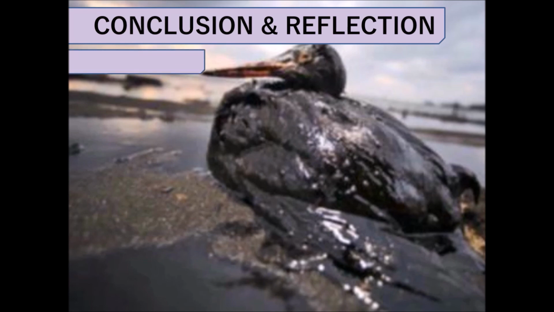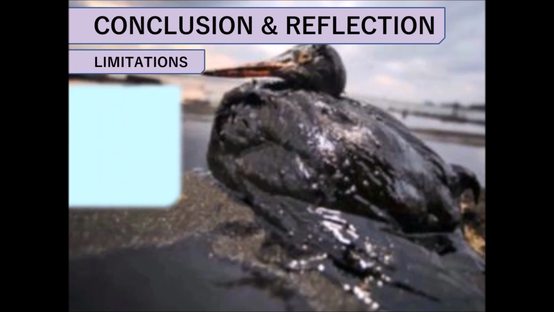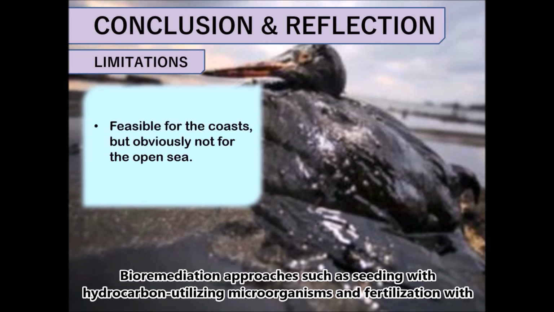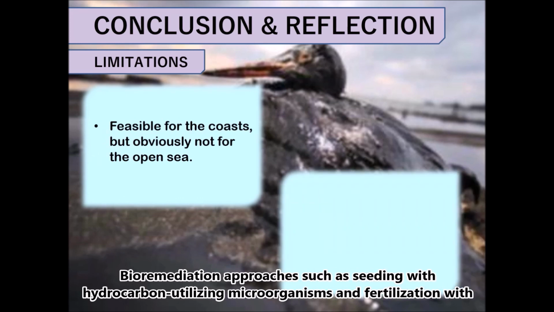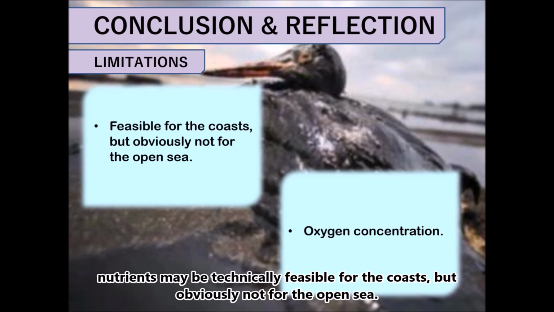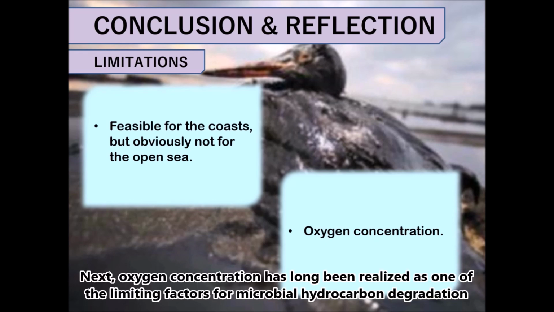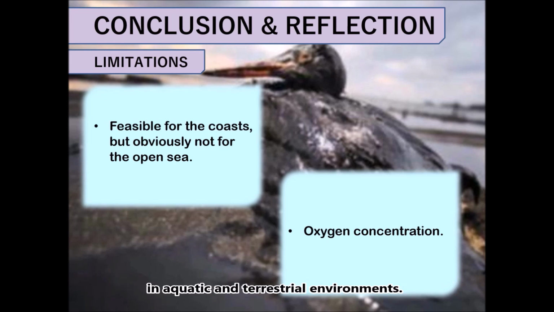However, there are also some limitations. Bioremediation approaches such as seeding with hydrocarbon-utilizing microorganisms and fertilization with nutrients may be technically feasible for the coast, but obviously not for the open sea. Next, oxygen concentration also has long been realized as one of the limiting factors for microbial hydrocarbon degradation in aquatic and terrestrial environments.